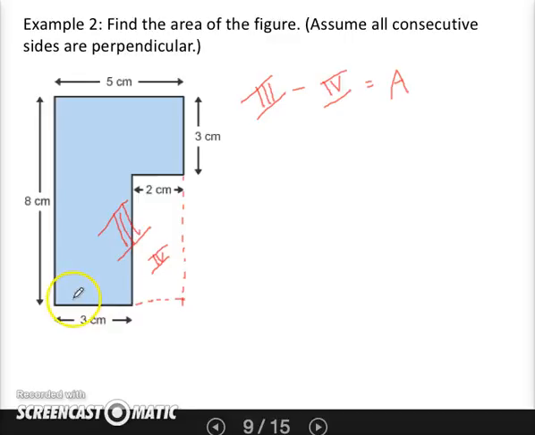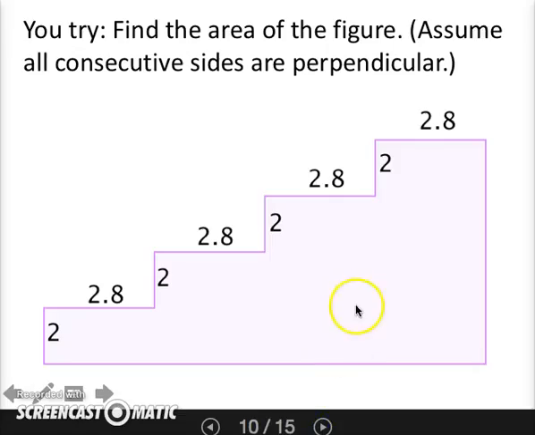So the area addition postulate also works as an area subtraction postulate, simply because region 4 plus the region we're looking for gives us the larger region, which I've labeled 3. You try this one. Find the area of this figure, assuming all consecutive sides are perpendicular.